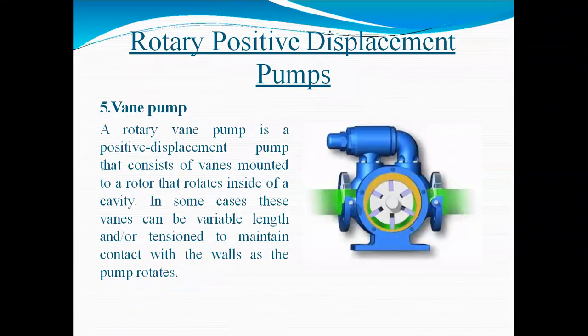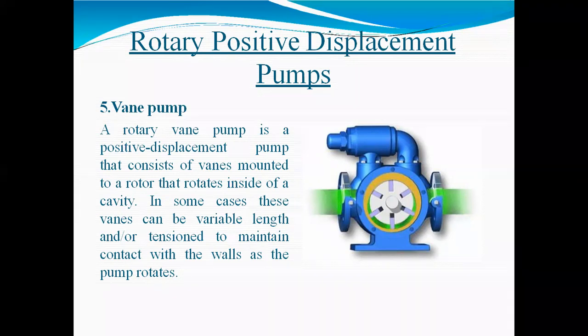Next is the vane pump. First is your gear pump, then the lobe pump. In those pumps, the constructional parts are constant.